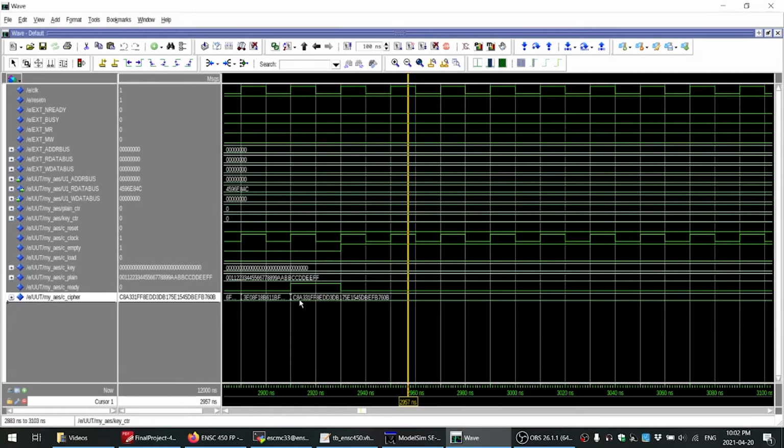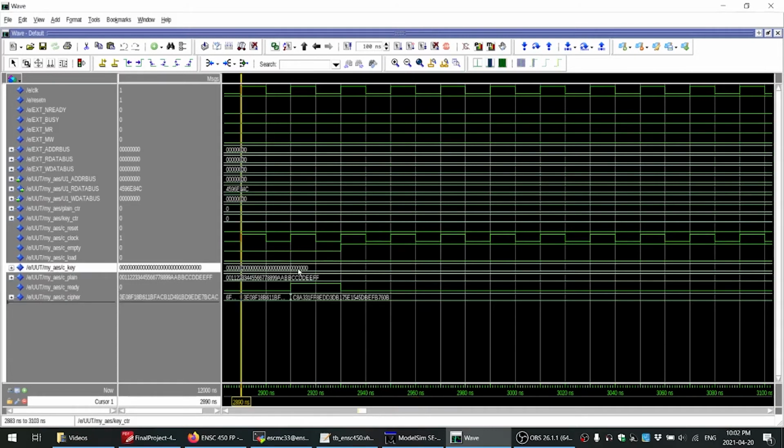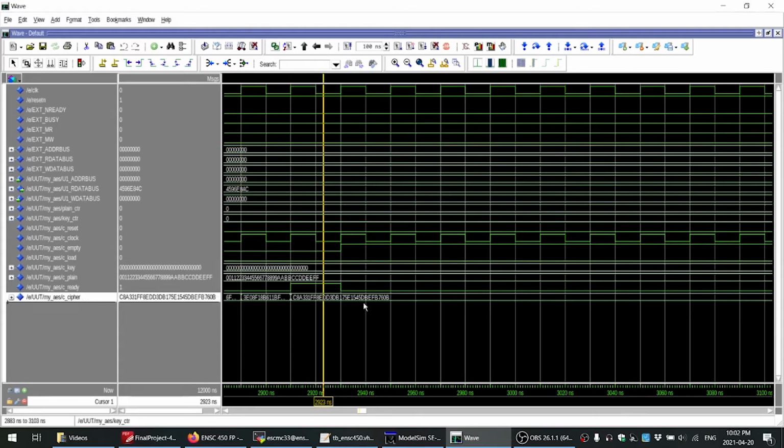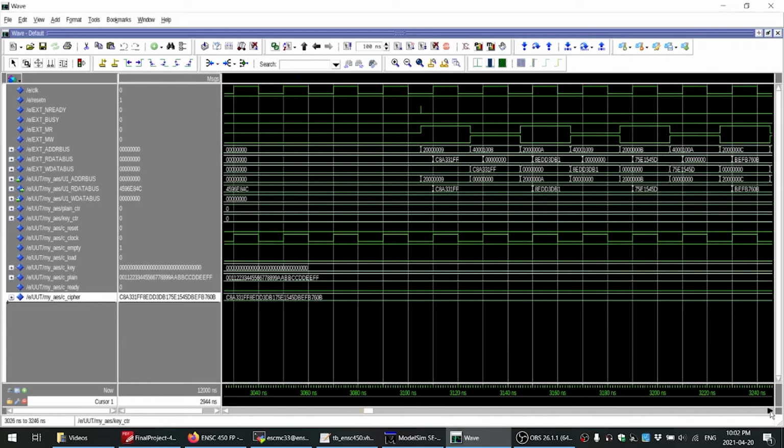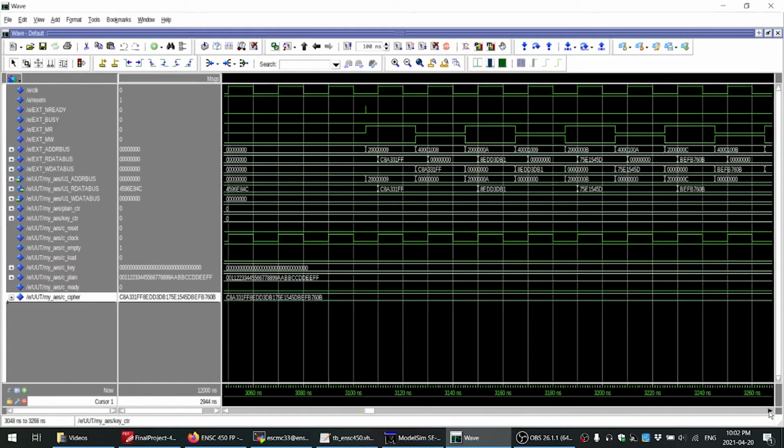By the way, we have checked using third-party tools, given these values as the key and the plain text to the AES algorithm, what's the output, and these outputs match that. So we know that the AES core works and is implemented correctly on this SoC.